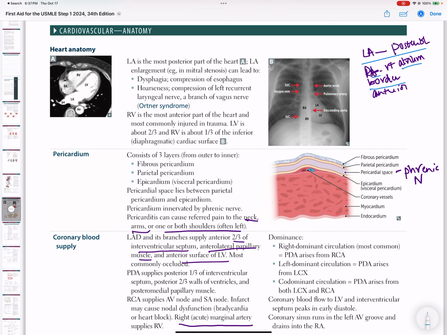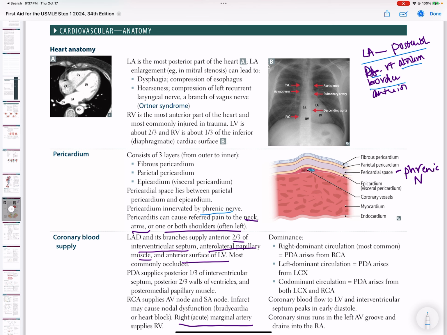Coming to the pericardium, it consists of 3 layers, outer to inner: fibrous pericardium, parietal pericardium, epicardium. So they are the 3 layers. Then the pericardial space is the space between the parietal pericardium and the epicardium. That's the visceral pericardium. Pericardium is innervated by the phrenic nerve.